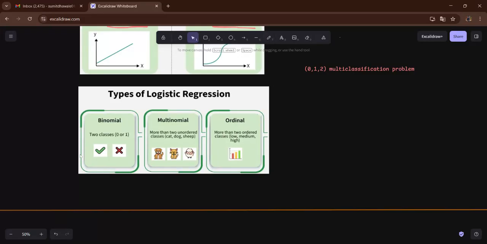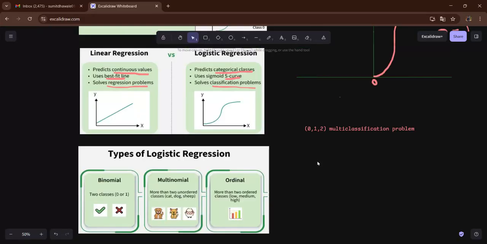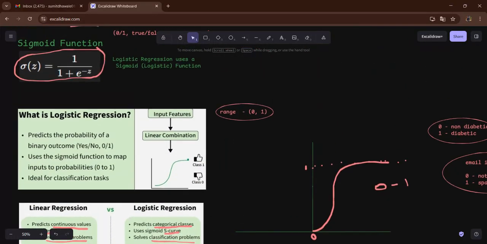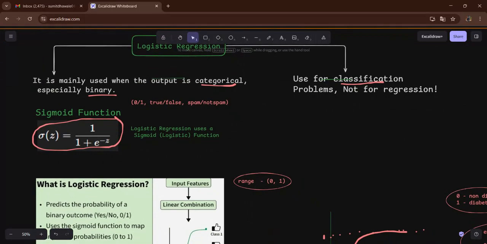And in all these types, logistic regression works by using the sigmoid formula. It tries to use the sigmoid function and draw the S curve shape graph, and make the classification from it. So this is the simple overview of the logistic regression algorithm from supervised machine learning.